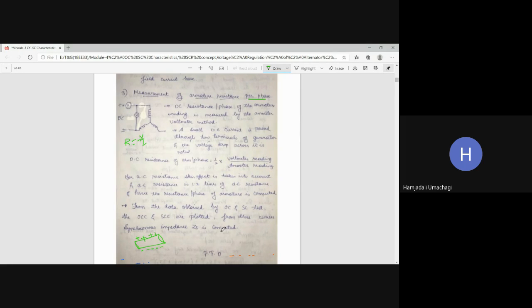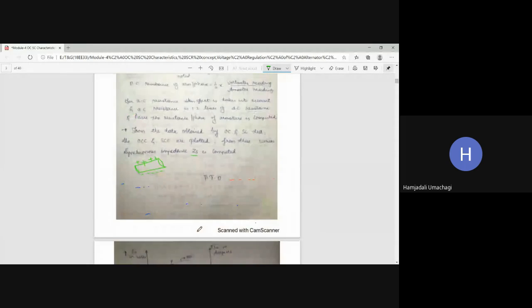I told you that the EMF method is also called the synchronous impedance method, because you get the concept of ZS in this method. Now we will see how to calculate that ZS.